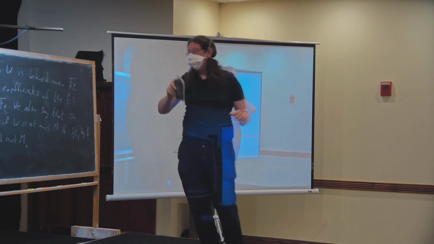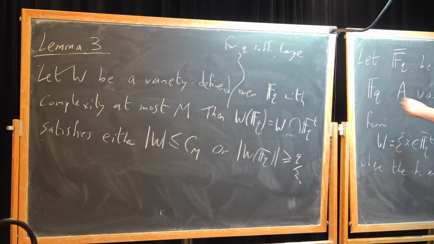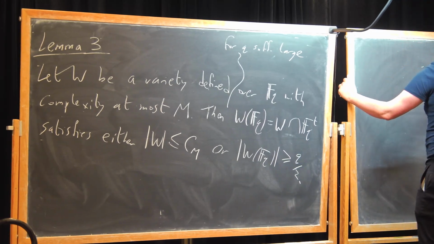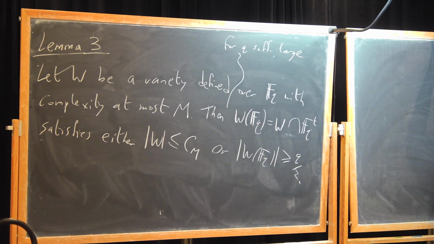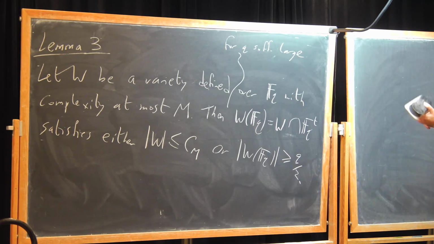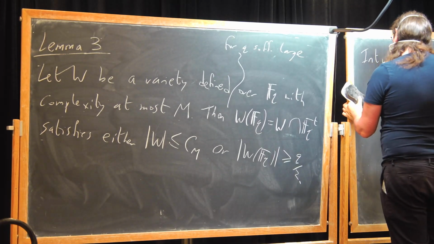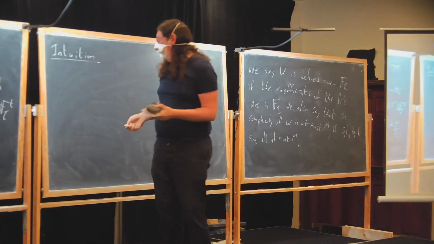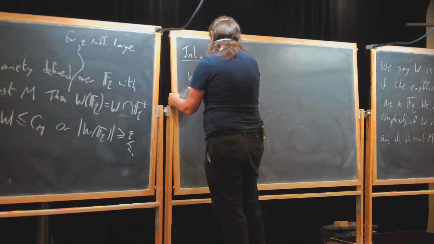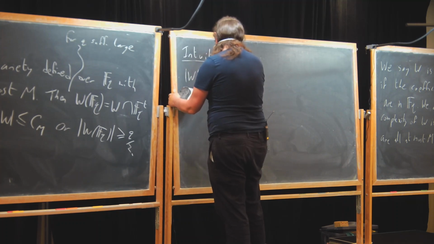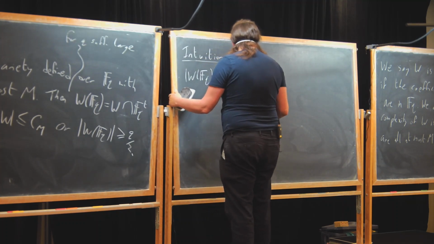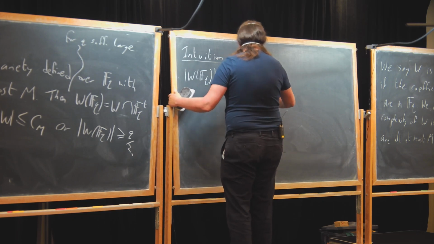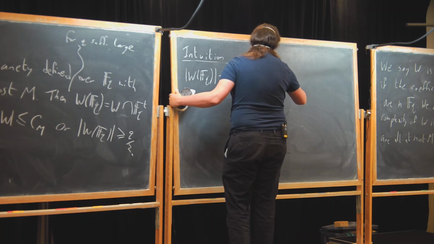It sort of jumps. The proof is a little bit harder, and what I'm about to say is kind of a lie, but the intuition is that it's to do with the dimension. The intuition, which is kind of false, is that |W(Fq)| is equal to q to the power of the dimension of W times (1 + o(1)).